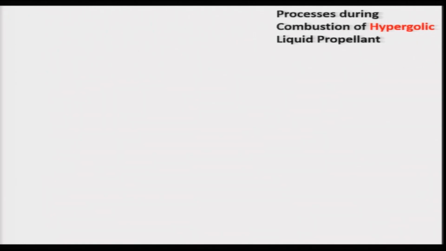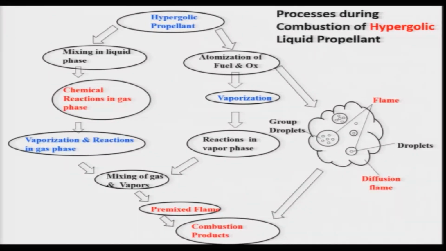So, let us look at the processes that occur during the combustion of hypergolic liquid propellant. We will consider it in a similar way: hypergolic propellant can undergo liquid phase mixing, and during this liquid phase mixing there will be chemical reactions occurring, and these chemical reactions can lead to heat being given to the droplets, and vaporization.